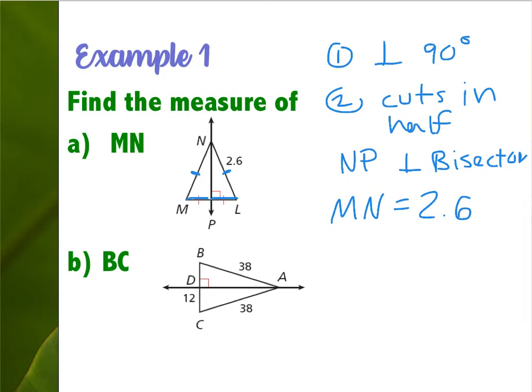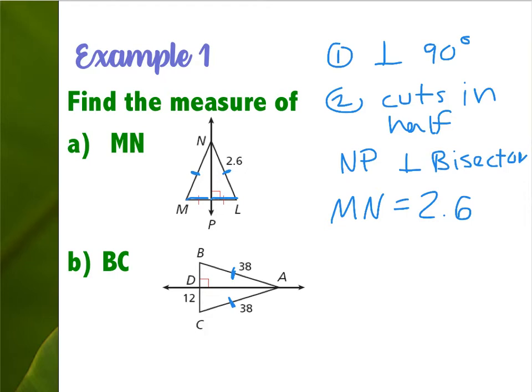So BC is the same thing but flipped. So we know that AB is congruent to AC. So since point A is equidistant from the endpoints B and C, we know that AD is the perpendicular bisector. So it's perpendicular, we see that by the little box that it gives us.